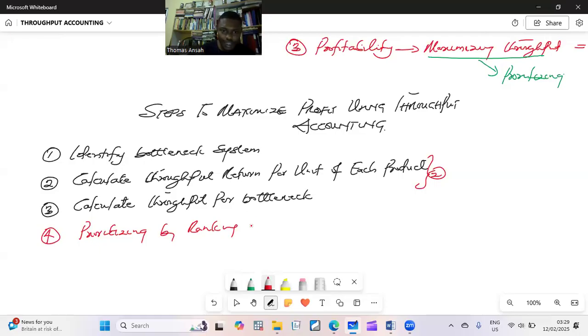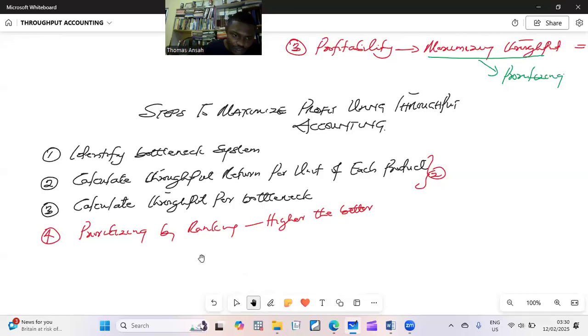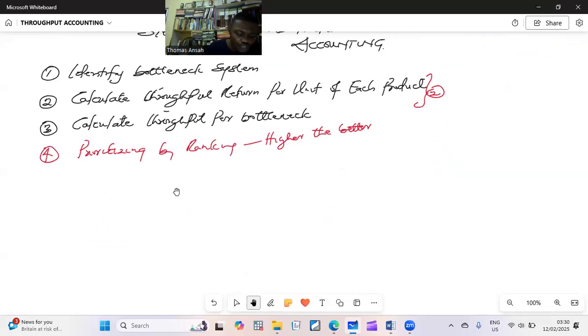In fact, the higher the better. If the throughput return is higher, you pick it first, then you draw it down to the lowest. Then allocate the bottleneck resource to each product that has been ranked.